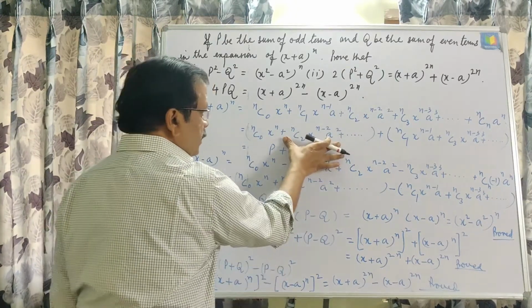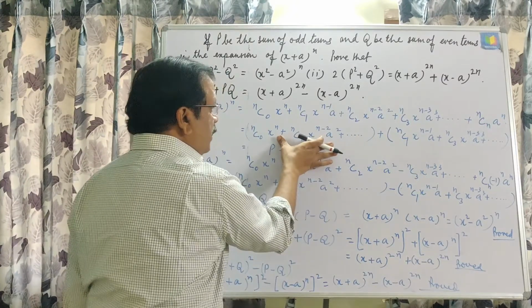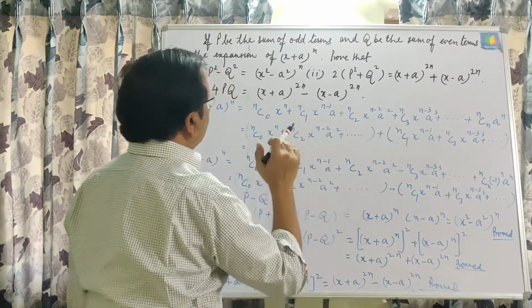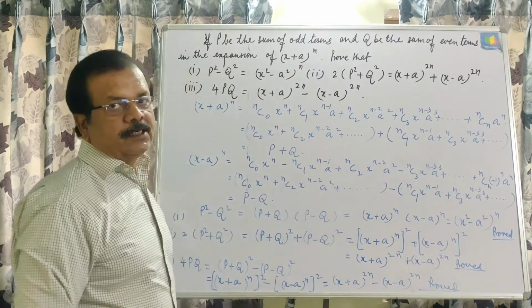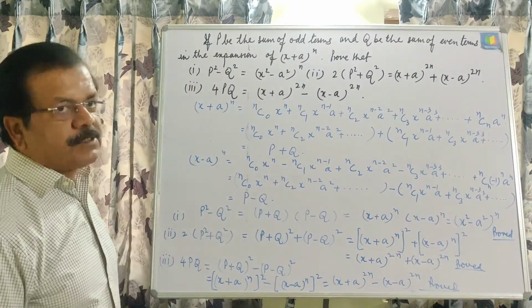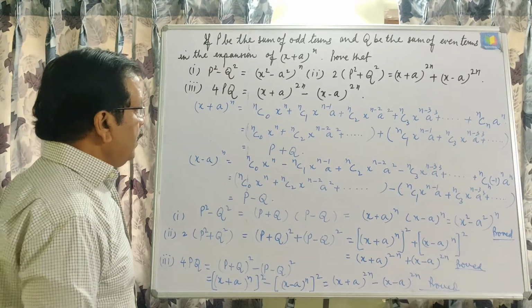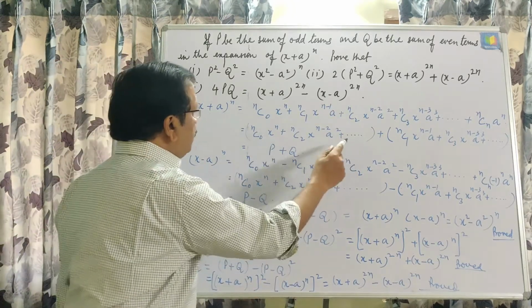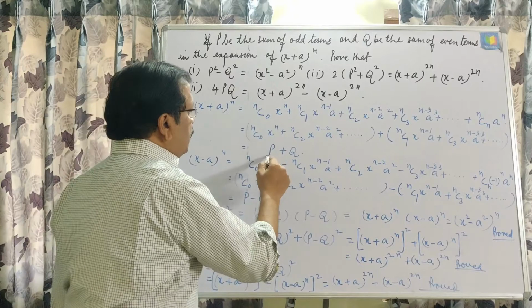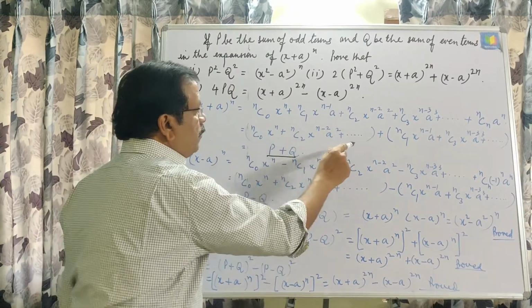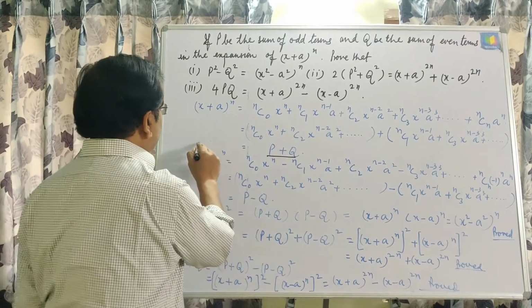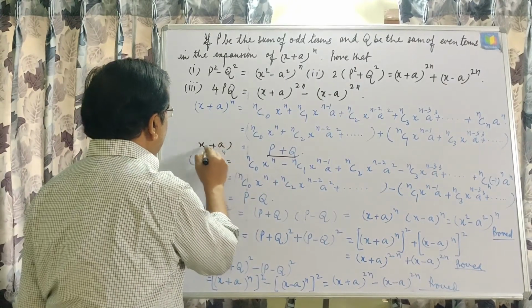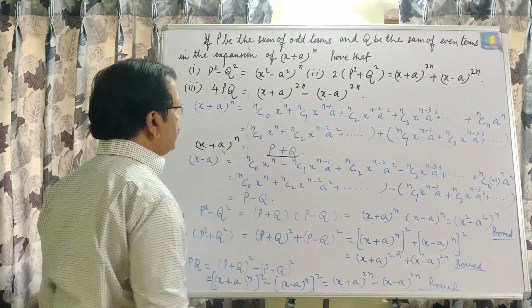Then we differentiate even terms and odd terms, because p is the sum of all odd terms and q is the sum of all even terms. After writing this way, this is p plus q, because even and odd are added in this one, and so x plus a to the power n is p plus q.